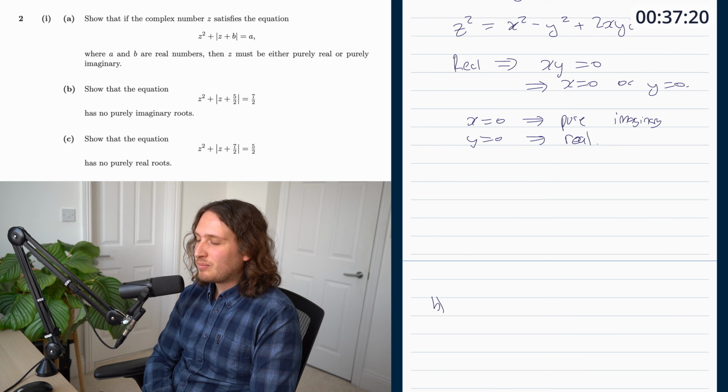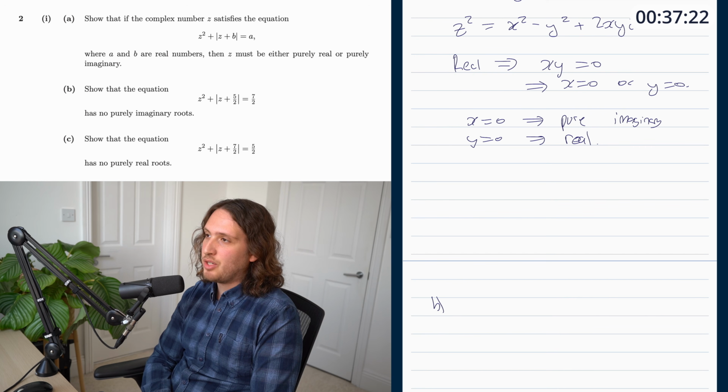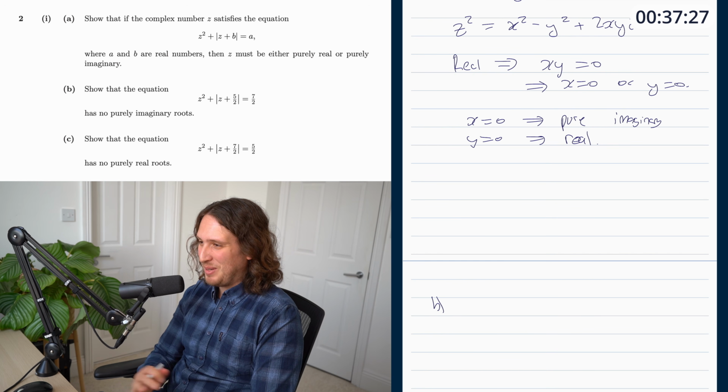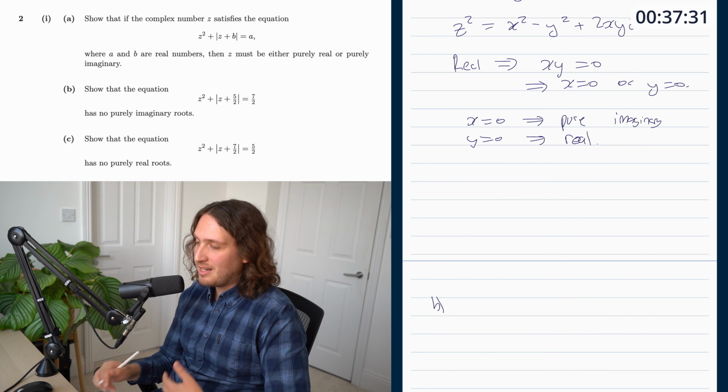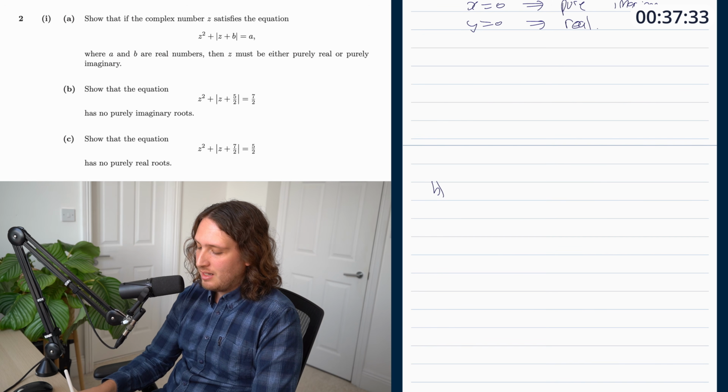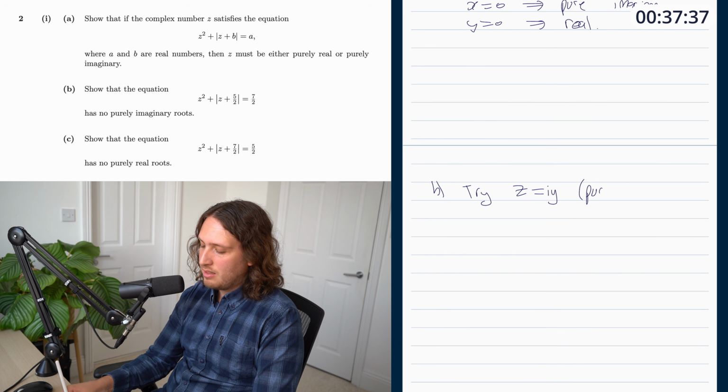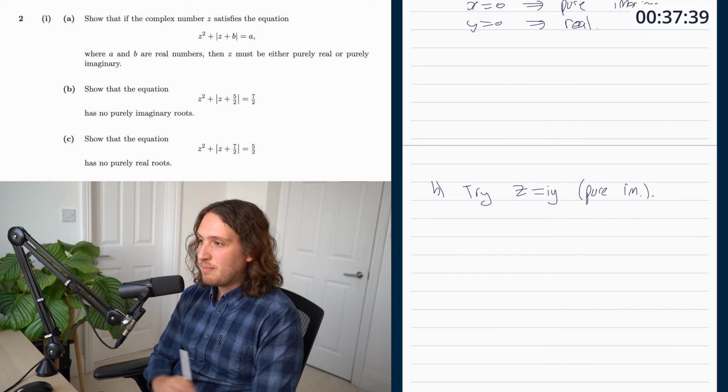Part B. Show that there are no pure imaginary roots. Well, why don't I suppose there is a pure imaginary root, plug it in, and hopefully get an equation which is inconsistent. So let's try z equals iy, which is pure imaginary.